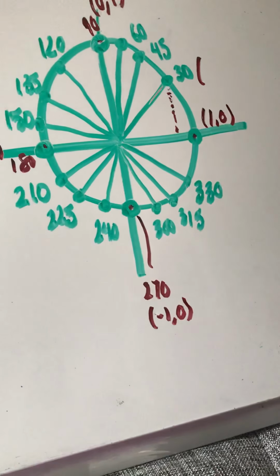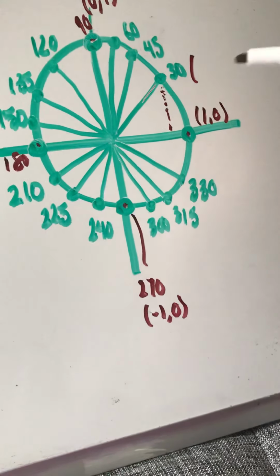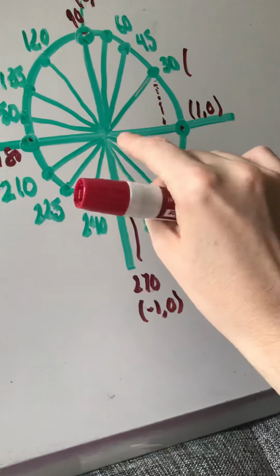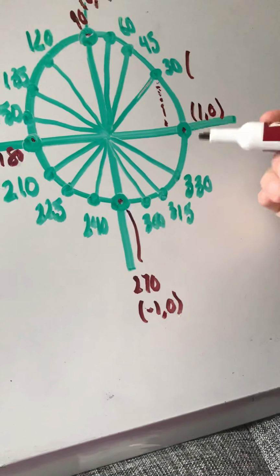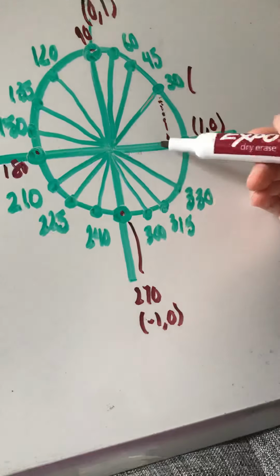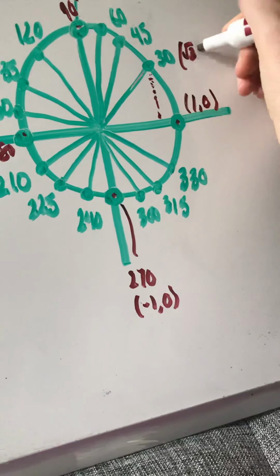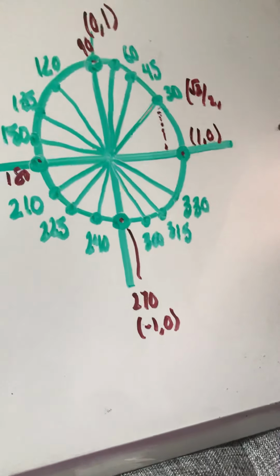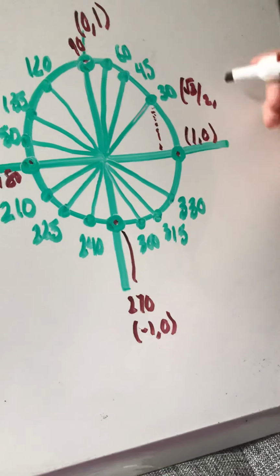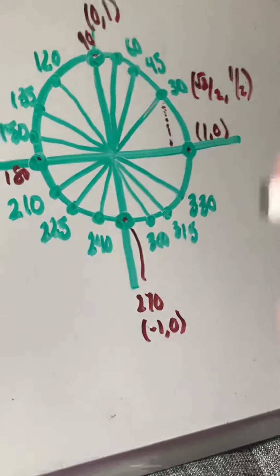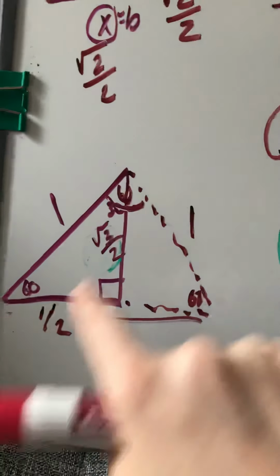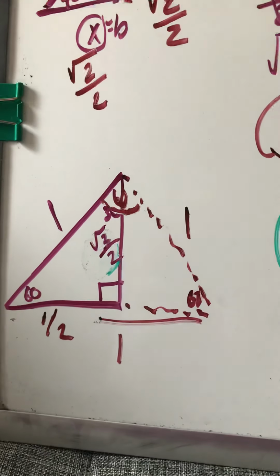You might do some noticing, which is the best way to go about it. This line is certainly longer than that line there. So since that's the case, my x value here has to be the square root of 3 over 2. And that leaves me with my y value of 1/2, because those are the measurements of your 30, 60, 90 triangle.